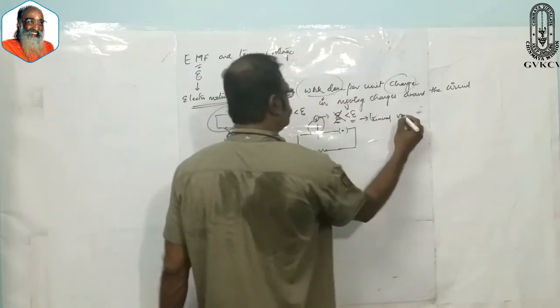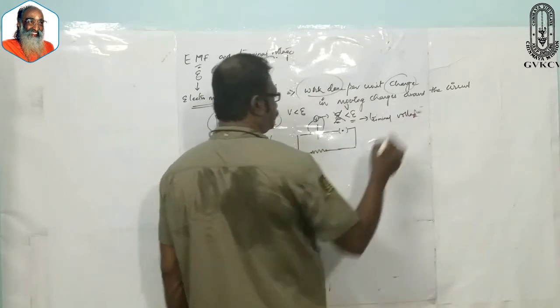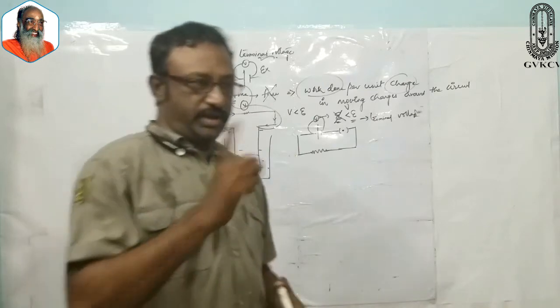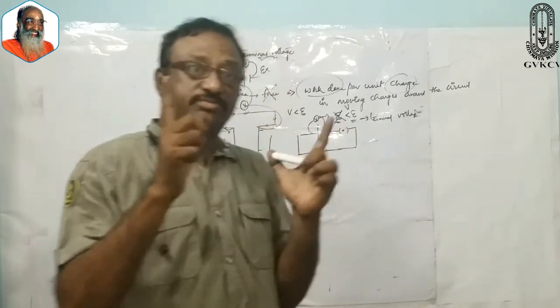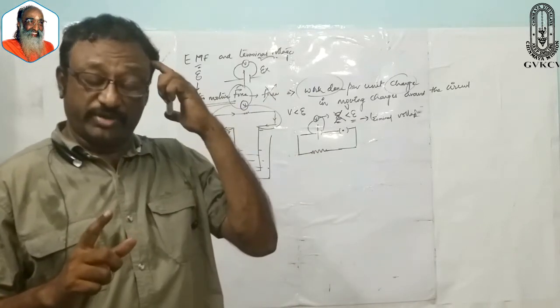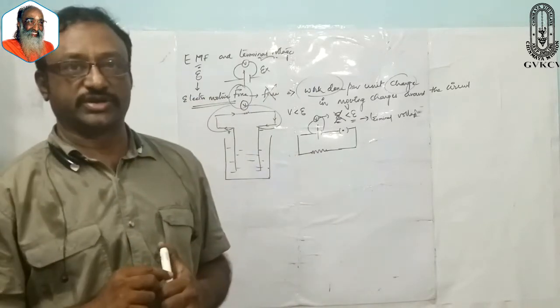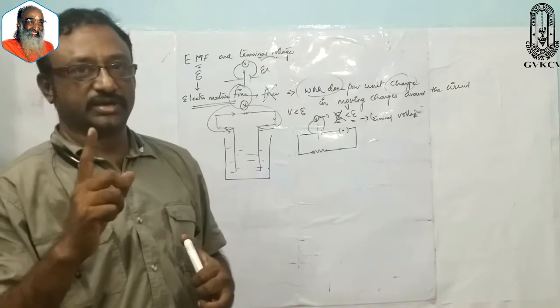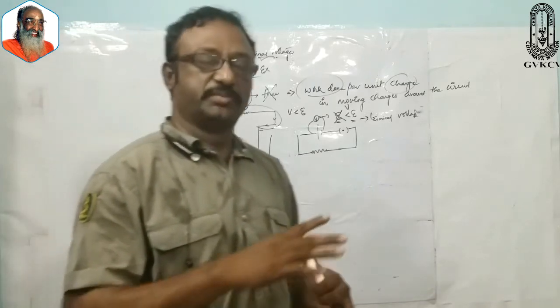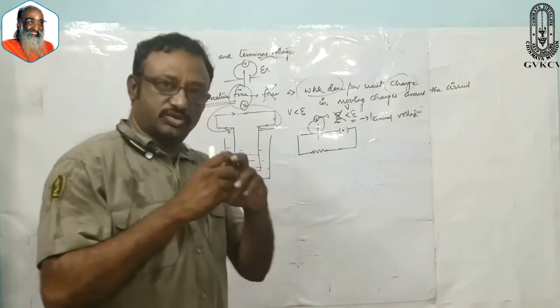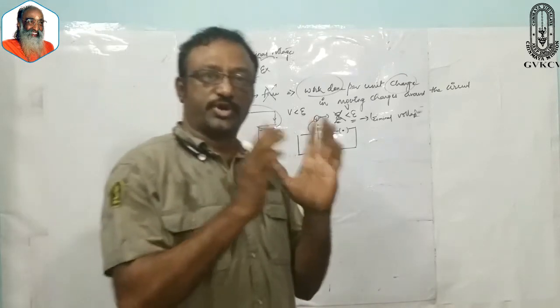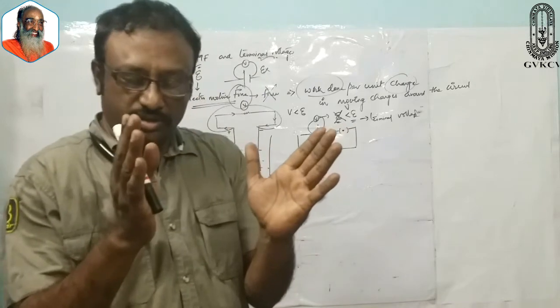So EMF is the maximum potential difference when the cell is connected in the open circuit. That means when the current is not flowing in the circuit. And when the circuit is closed, the potential difference between the two terminals, or the two electrodes, will be the terminal voltage.